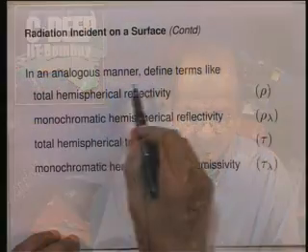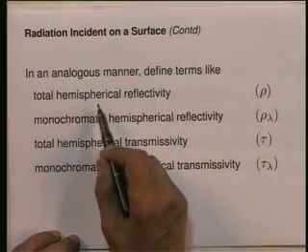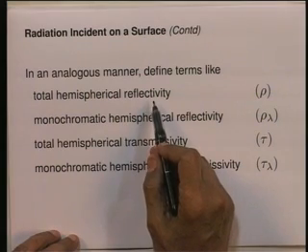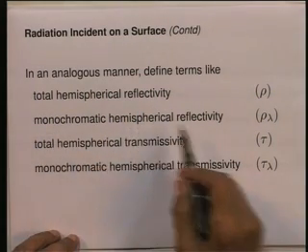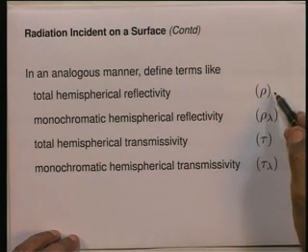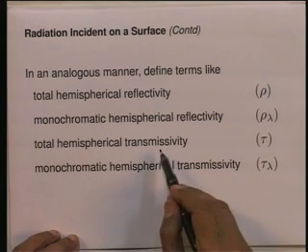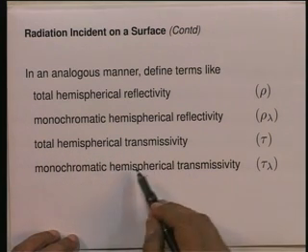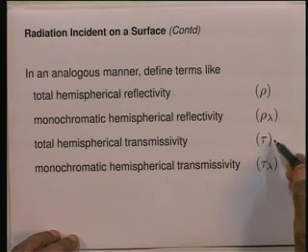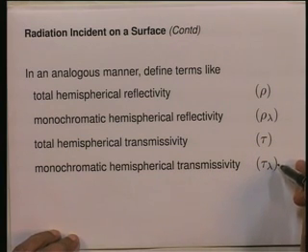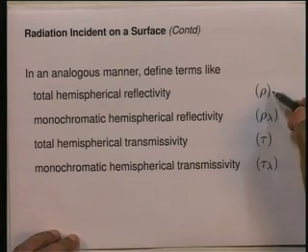In the same manner, exactly in an analogous manner, I can define terms like total hemispherical reflectivity and monochromatic hemispherical reflectivity. These would be rho and rho lambda, and I can define terms like total hemispherical transmissivity and monochromatic hemispherical transmissivity, which would be tau and tau lambda. You understand? What would be rho? Rho would be the fraction of the total hemispherical irradiation incident on a surface which is reflected from the surface.